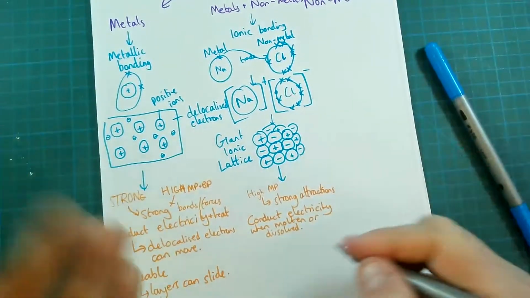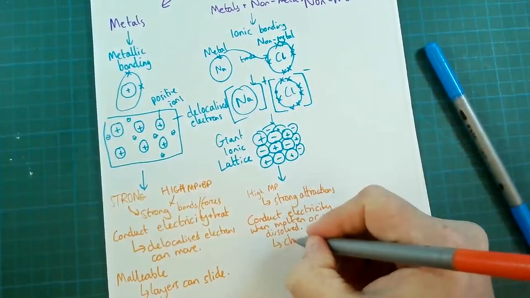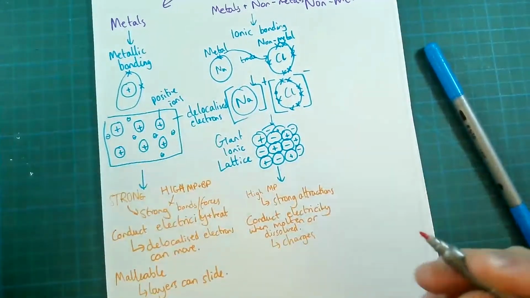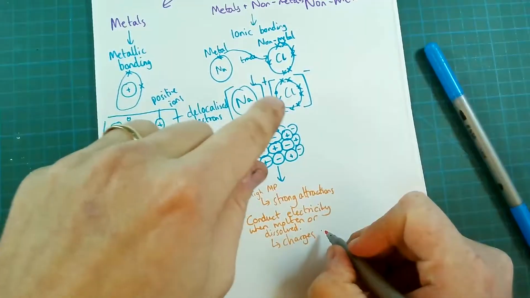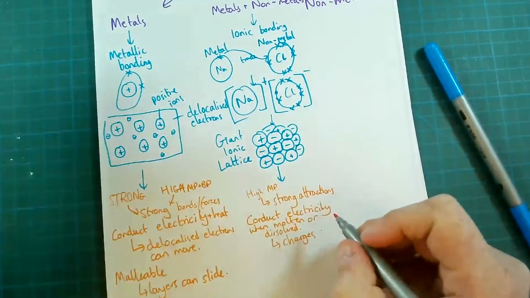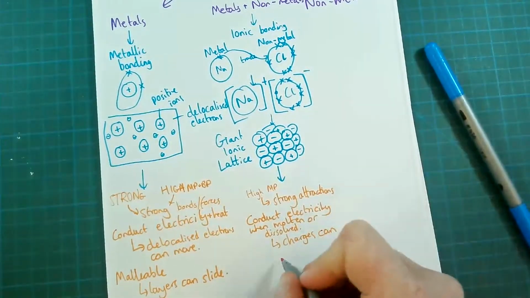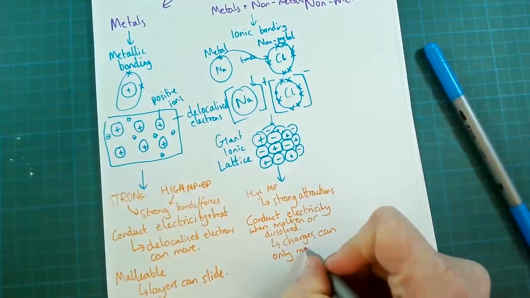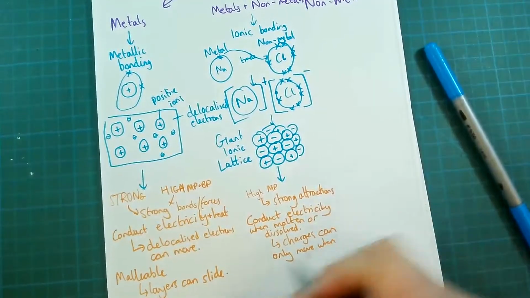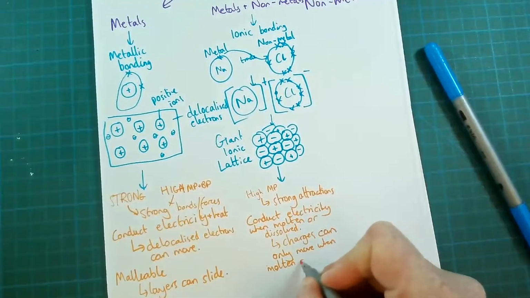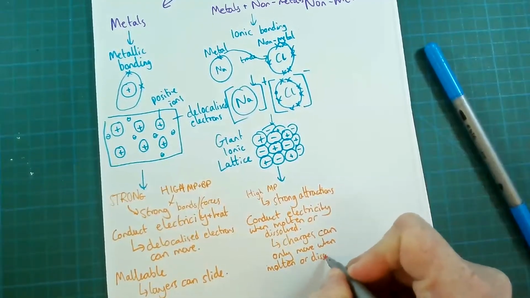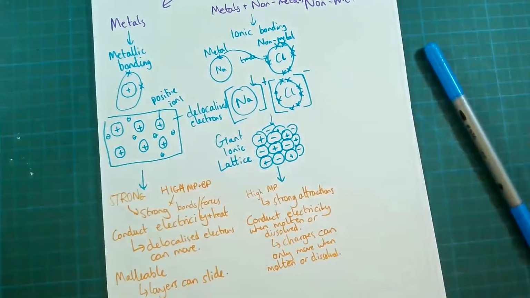Well, you've got charges, positive and negative, which is what you need. And for them to conduct electricity, they need to move, and they can only move when molten or dissolved.